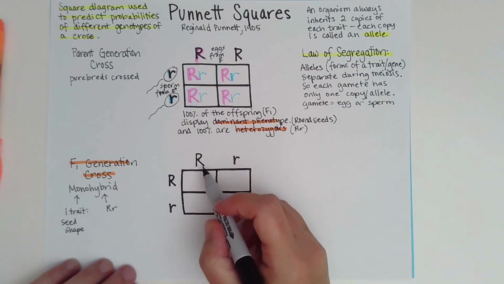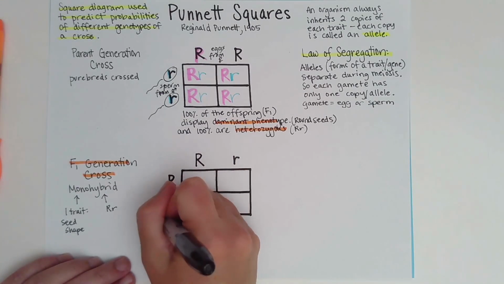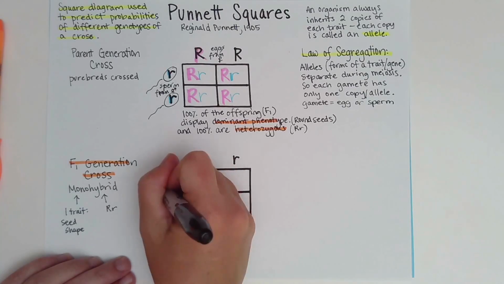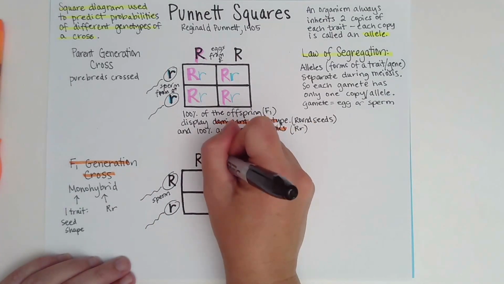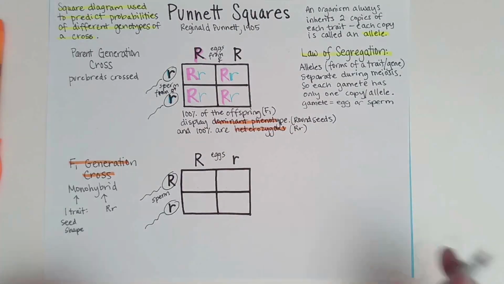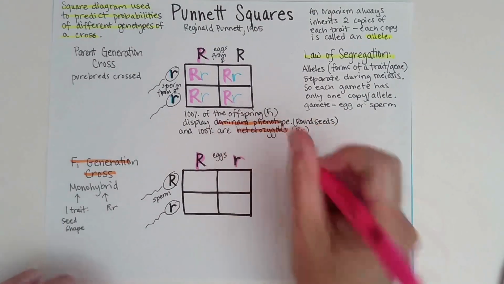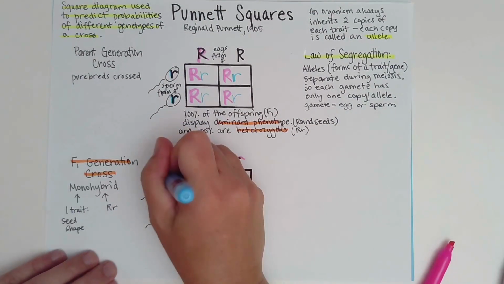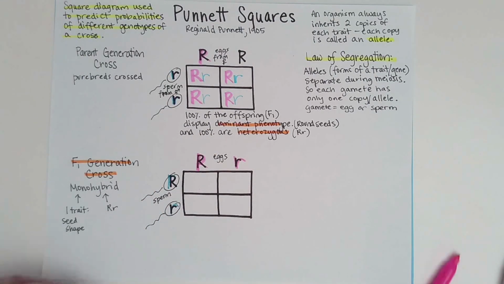So this is what the cross will be. And these would be the sperm options then. And these are the eggs. We'll put pink for the female, blue for the male. And then we'll go ahead and fill these in again.